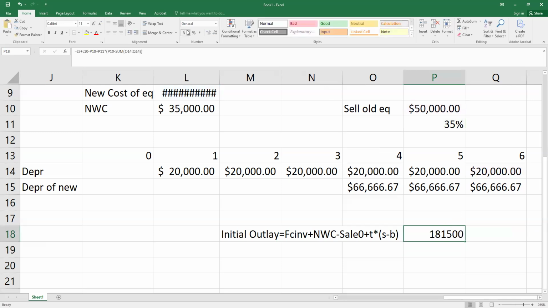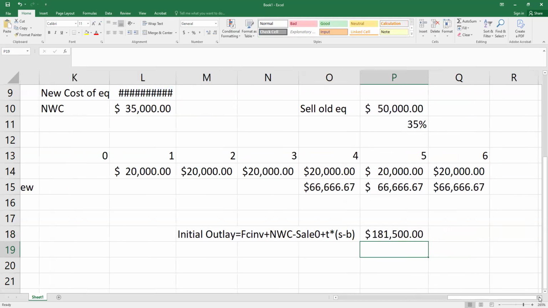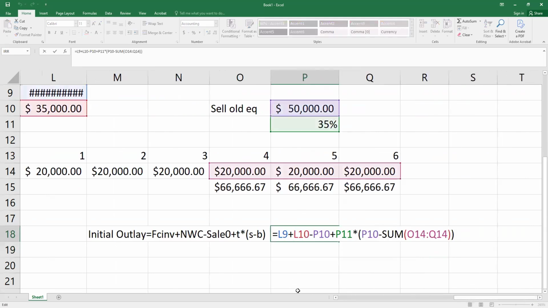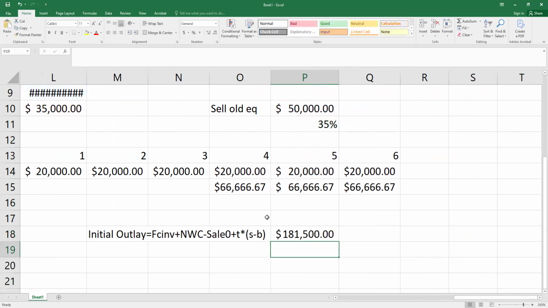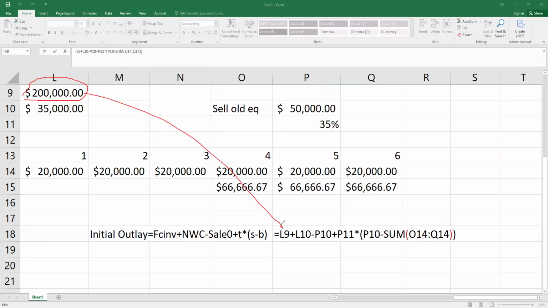So this is my fixed capital investment, 200,000. That goes to here, fixed capital investment.